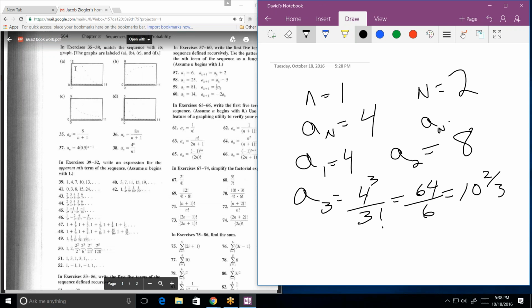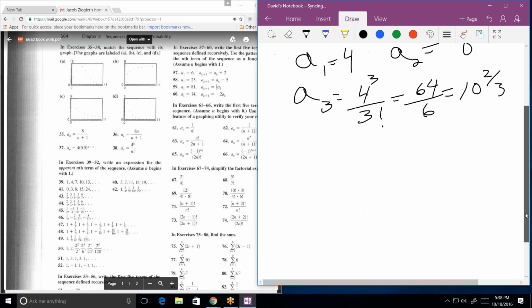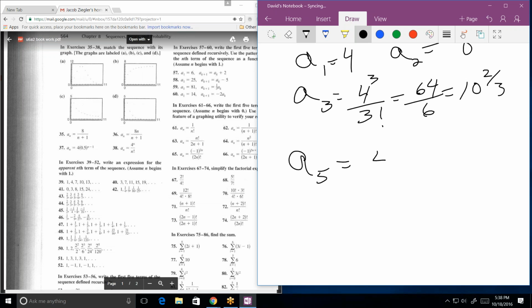What happens with A is we reach this point right here, and then it starts dropping. So let's check some bigger n's to make sure that it drops. What is a sub 5? Well, that would be 4 to the 5th, but now it's divided by 5 factorial. How about a sub 10? Well, that's 4 to the 10th, but it is now divided by 10 factorial.